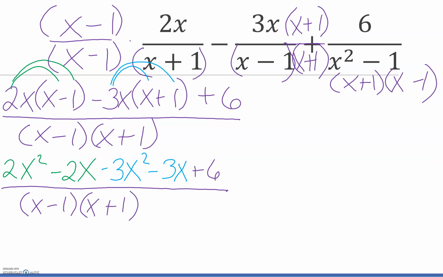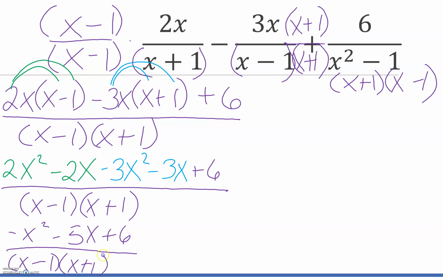Now that numerator can be simplified. We can combine like terms. 2x squared minus 3x squared is negative x squared. Negative 2x minus 3x is minus 5x. And then we have plus 6. And that's still over x minus 1, x plus 1.